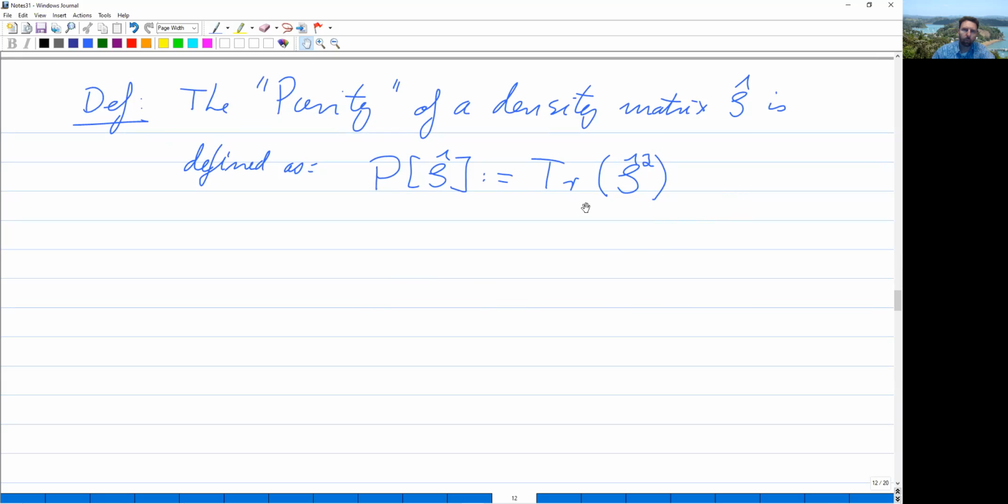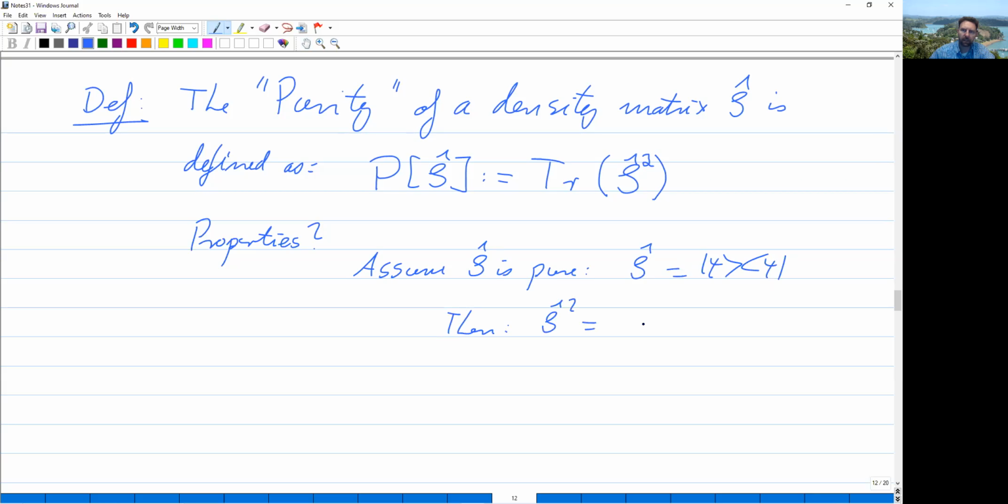Now, what are the properties? Well, let's see. Assume that rho hat is pure. So we have rho hat is equal to some |psi><psi|. Then we have that rho hat squared is equal to |psi><psi|psi><psi|. The inner product is 1, so it is equal to rho hat.